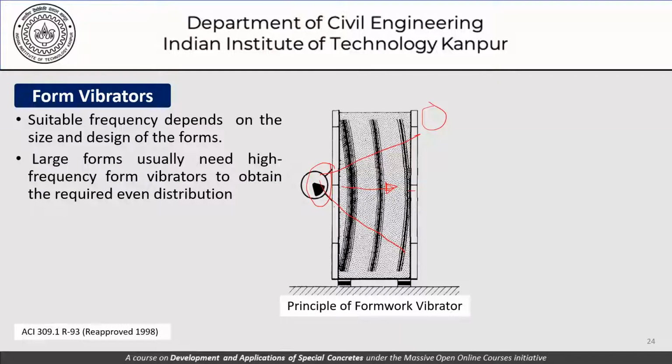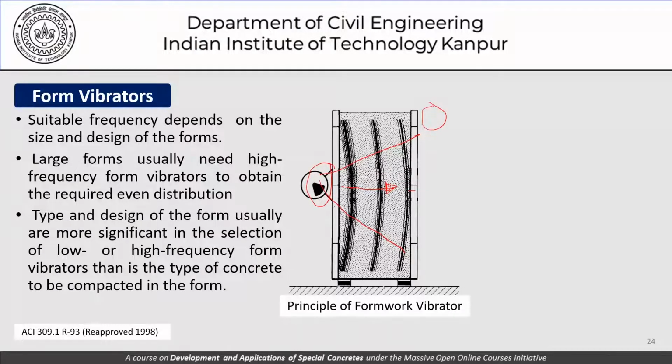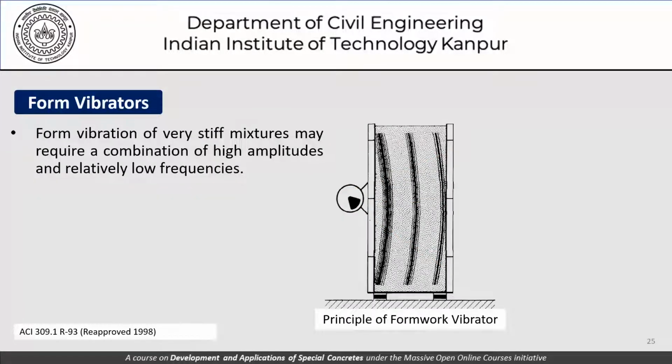Large forms usually need high frequency form vibrators to obtain the required even distribution. The type and design of form usually are more significant in the selection of low or high frequency form vibrators than is the type of concrete to be compacted in the form. Form vibration of very stiff mixtures may require a combination of high amplitude and relatively low frequencies.